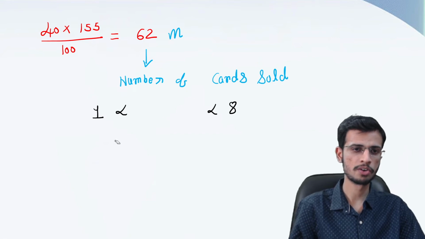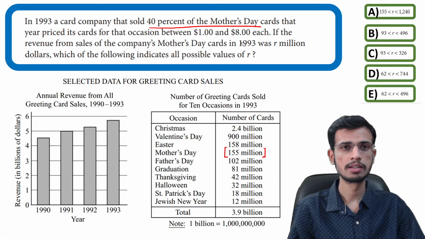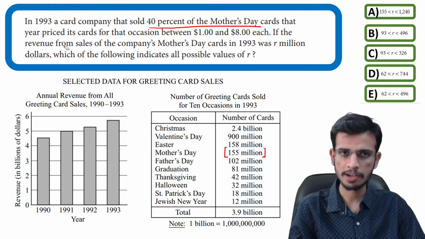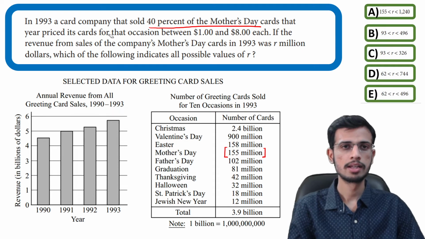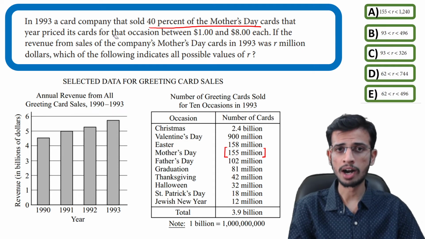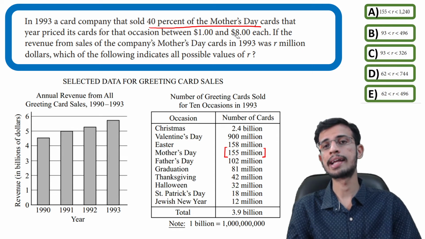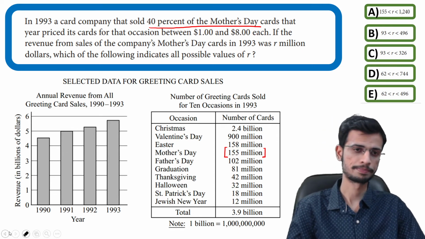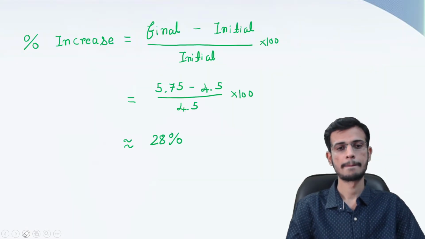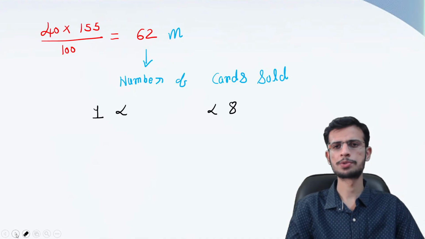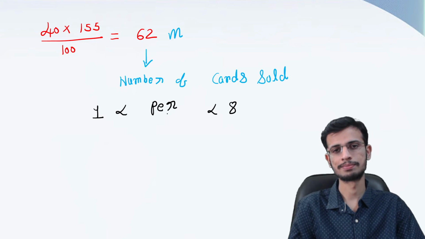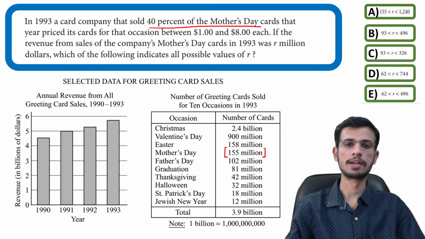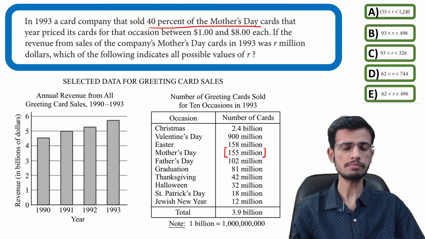So we can just specify from the given range: the company's Mother's Day cards are priced for the occasion between $1 and $8. Yes, we have to just put the values per card, right? Per card, they are getting this revenue in million, in dollars.